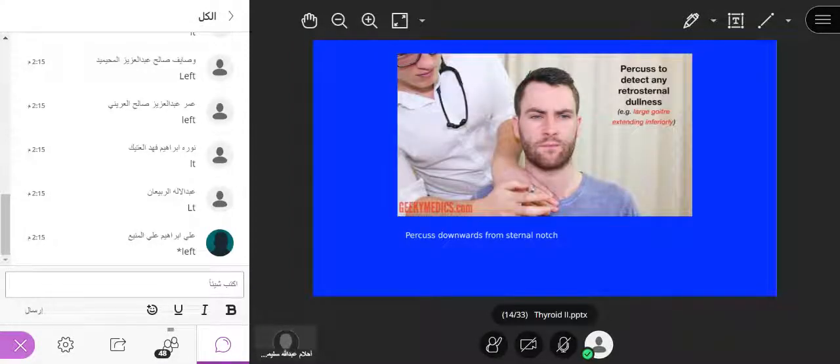If you also want to check for retrosternal goiter, check for retrosternal dullness. Usually, if you percuss from the trachea down, you will hear resonance. But if there is dullness, that means the goiter is extending inferiorly. So you should percuss downward from the sternal notch.